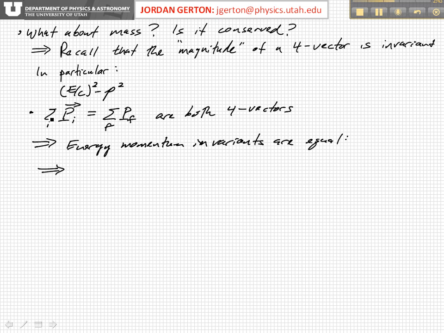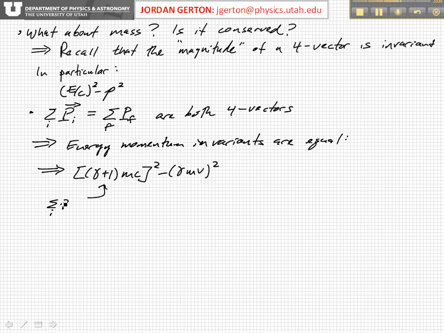And so if you plug in what the magnitudes of the 4-momenta are, what we have is (gamma plus 1) mc squared squared minus gamma mv squared, summed over i.